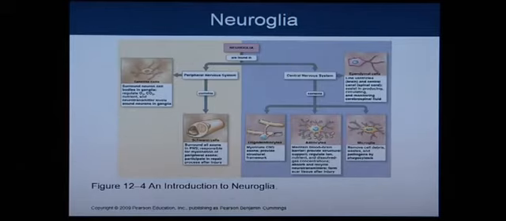They help regulate oxygen, carbon dioxide, and nutrient levels around the neurons in the ganglia. Schwann cells surround all axons in the peripheral nervous system. They're the insulators. Now, these two are similar, but what separates them is that oligodendrocytes insulate neurons in the central nervous system, whereas Schwann cells insulate neurons in the peripheral nervous system. So that's how we need to keep those two separated.